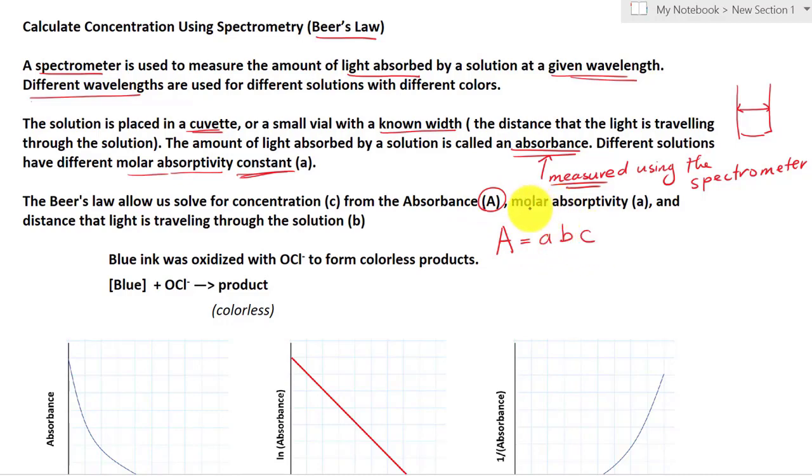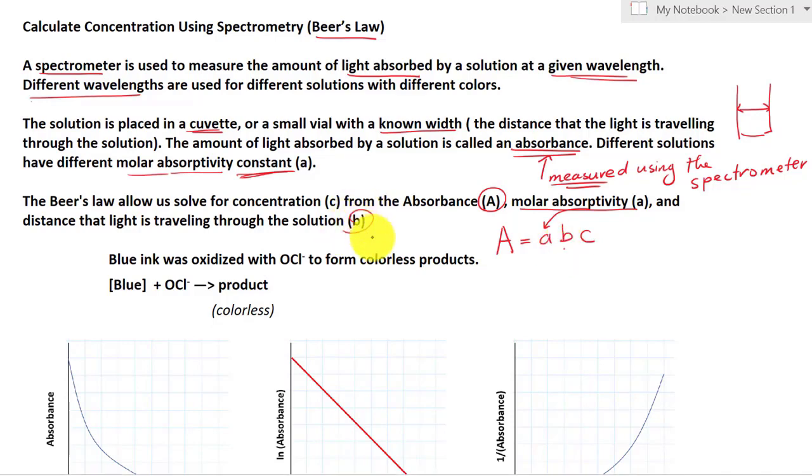Now, what is a? Little a is your molar absorptivity constant, and this stays the same for the same substance. So if you are measuring the same substance, the molar absorptivity would not change at all. Keep that in mind. It doesn't change.